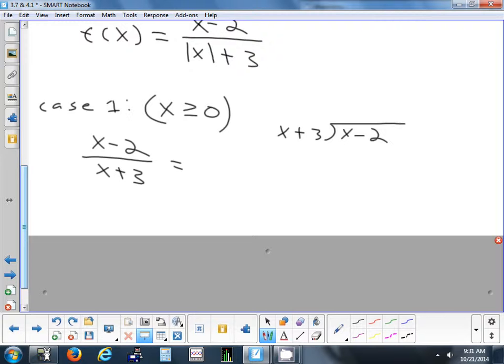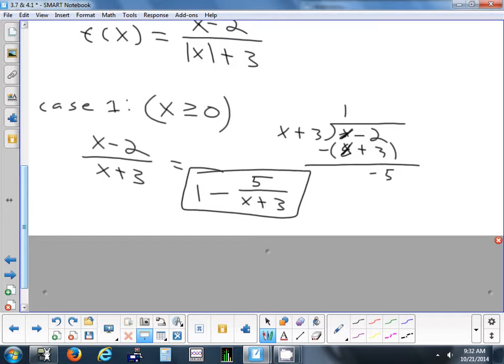So divide x into x 1 time, multiply it back out, subtract, x's cancel out, and then -2 minus 3 is -5. So my remainder is -5. What that means is you can rewrite this problem as 1 minus, take your remainder over your denominator.